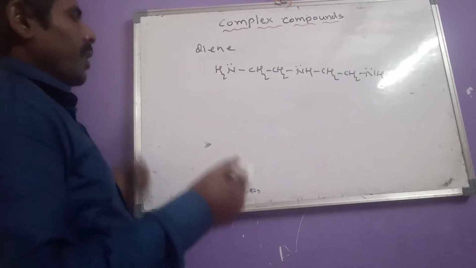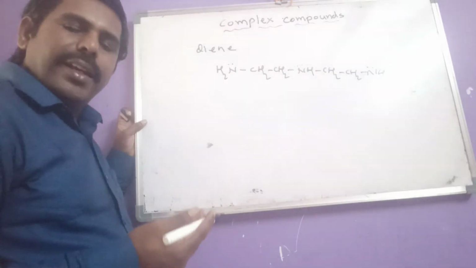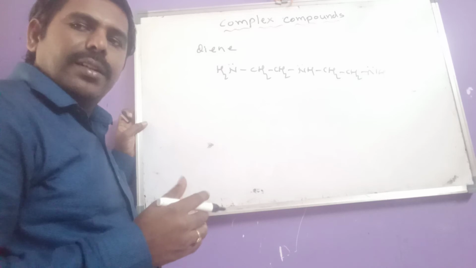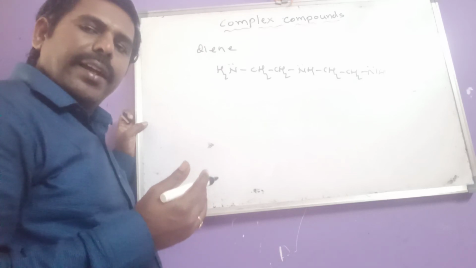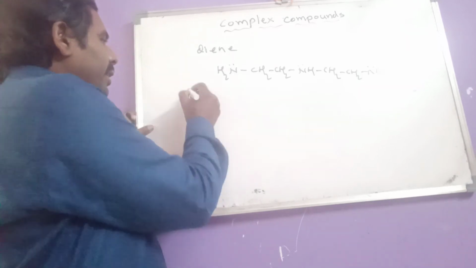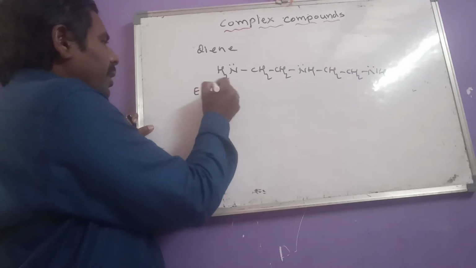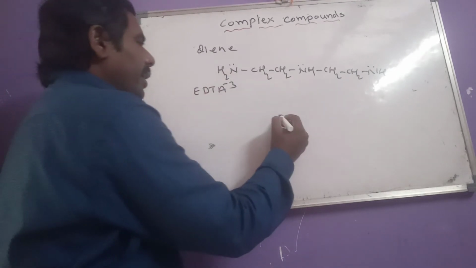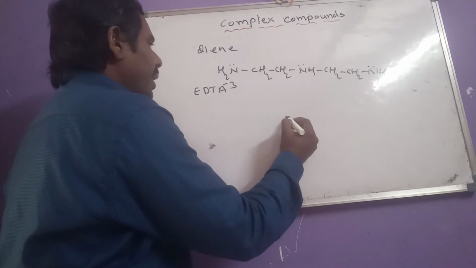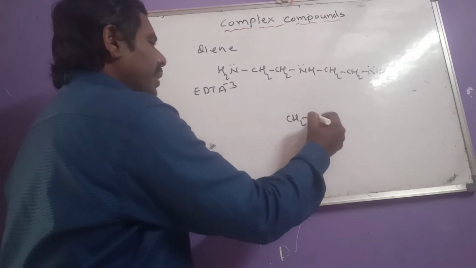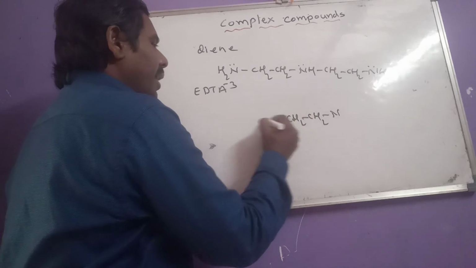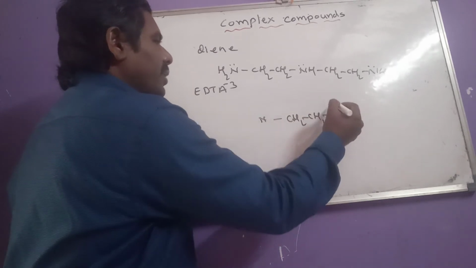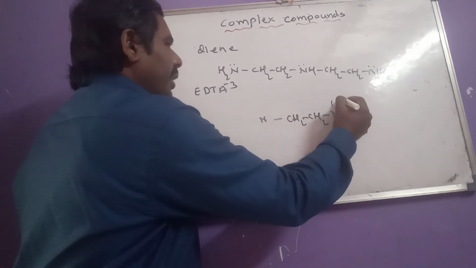Then another one is there, pentadentate ligand. What is that pentadentate ligand? Example, ethylene diamine triacetate, EDTA minus 3. Ethylene diamine means two nitrogens, and write one hydrogen here.